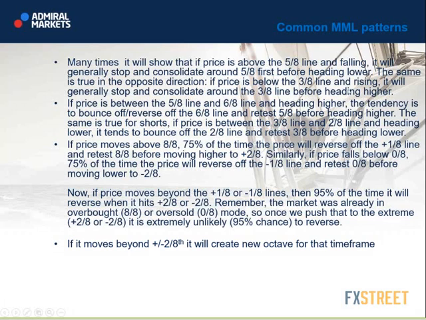If price is below the 3-8 line and rising, it will generally stop and consolidate around the 3-8 line before heading higher. If the price is between 5-8 and 6-8, the tendency is to bounce off 6-8 and retest 5-8. As I already said, if it goes above plus 1-8 or below minus 1-8, then it will reverse.